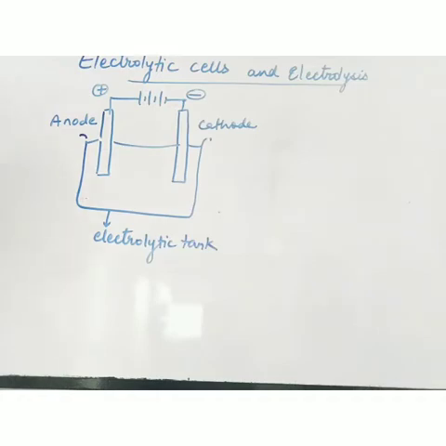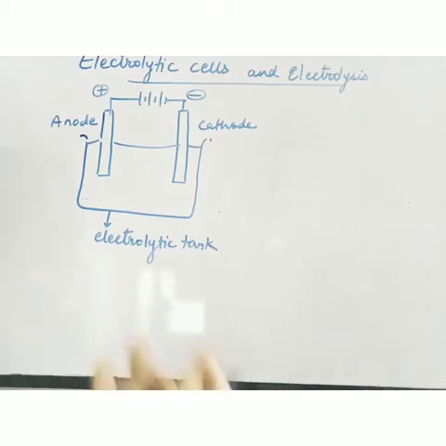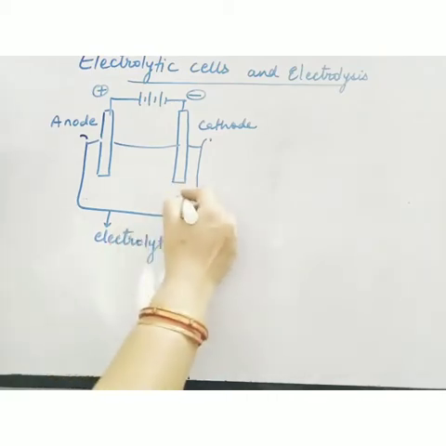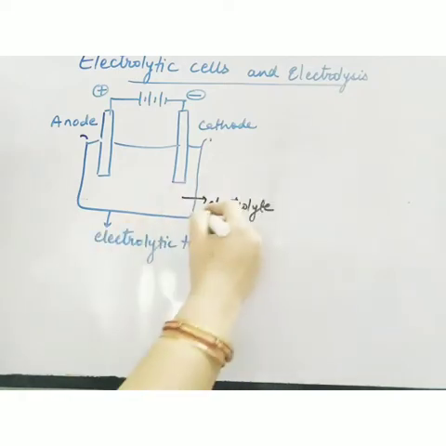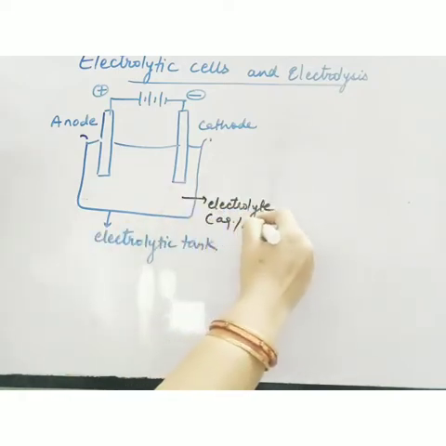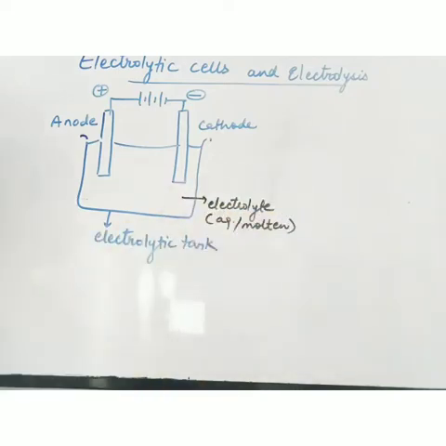Generally we take glass. In this tank we fill a solution whose electrolysis has to be done, and this solution is known as electrolyte. Either aqueous or molten solution is taken, for example, aqueous sodium chloride or molten sodium chloride.